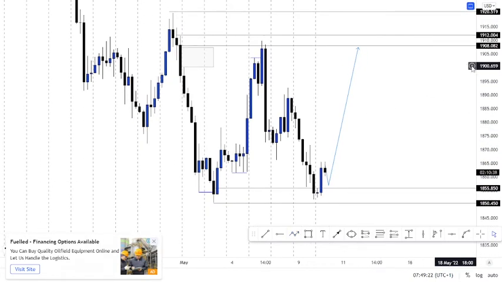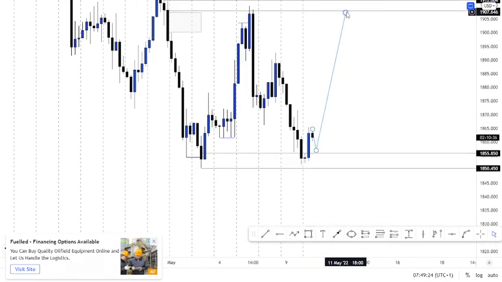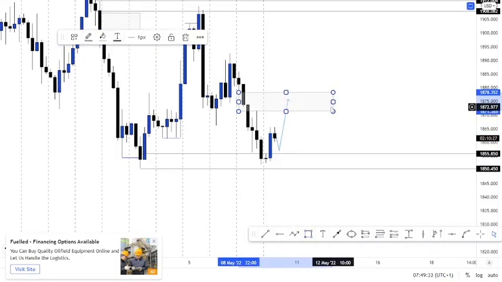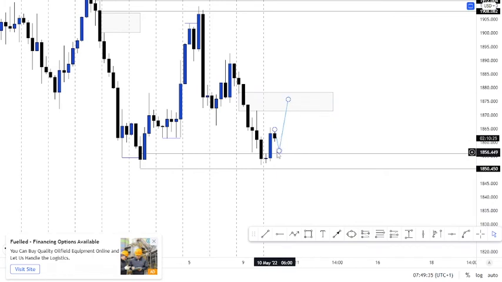So this is what I would want. Even if we're not going to get there, I would want to target somewhere around this region here. This is basically what I'm looking out for: good pullback, give me a long entry, come back to this region. So let's look at 1 hour, let's look at 15 minutes to see if there is any point of interest we can establish to take this trade here.